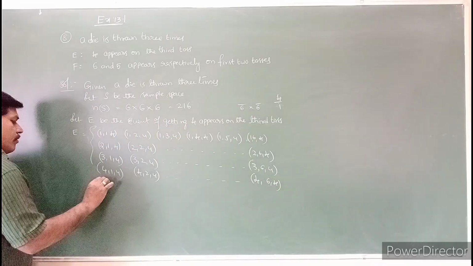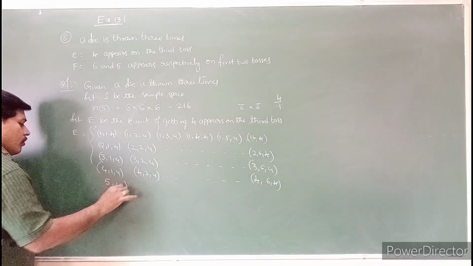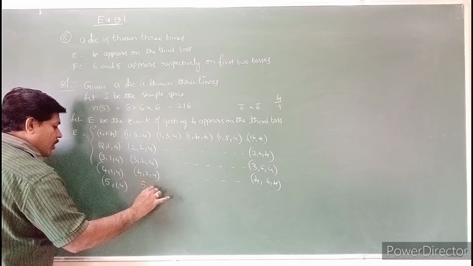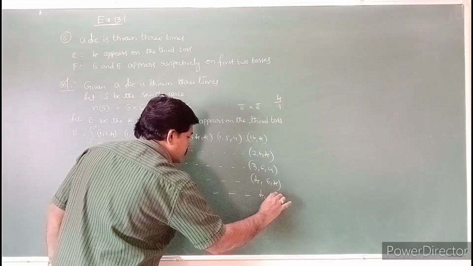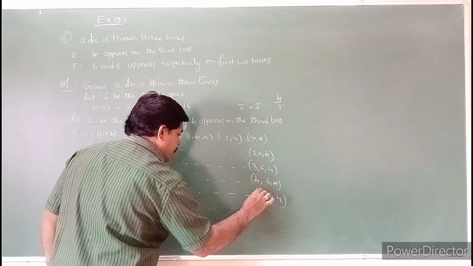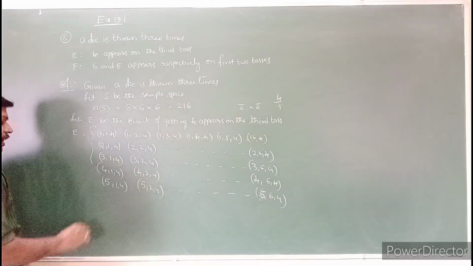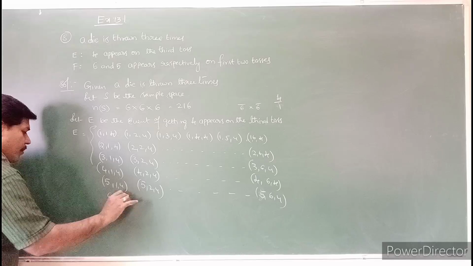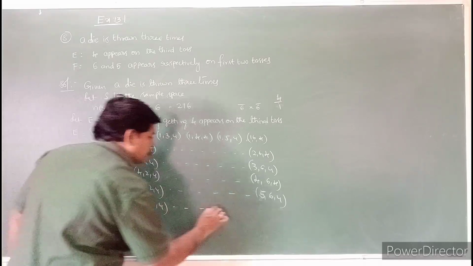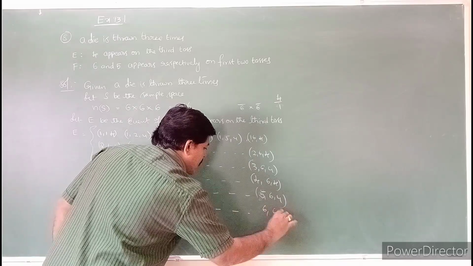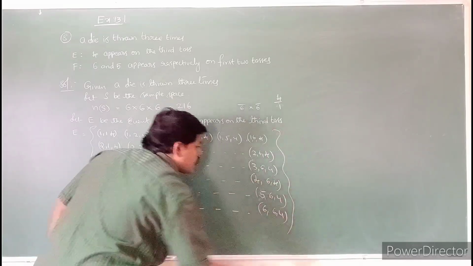Next 5 comma 1 comma 4 and 5 comma 2 comma 4, up to 5 comma 6 comma 4. Next 6 comma 1 comma 4, 6 comma 2 comma 4, up to 6 comma 6 comma 4. So these are the outcomes.